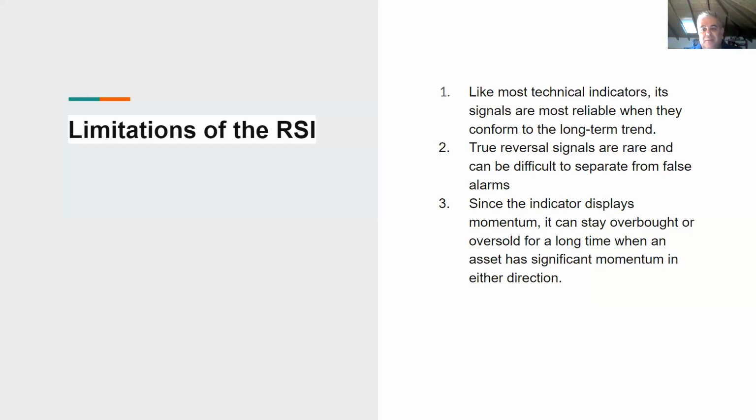The second thing is that true reversal signals are rare, and they're not commonly seen because it's difficult to separate them from false alarms. And third of all, since the indicator plays momentum, it can stay overbought or oversold for a very long time, and it will not immediately tell you that there is significant momentum in either direction, or that you have to call for action right now.